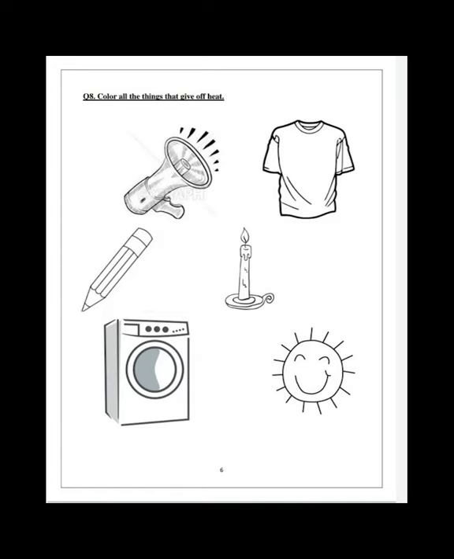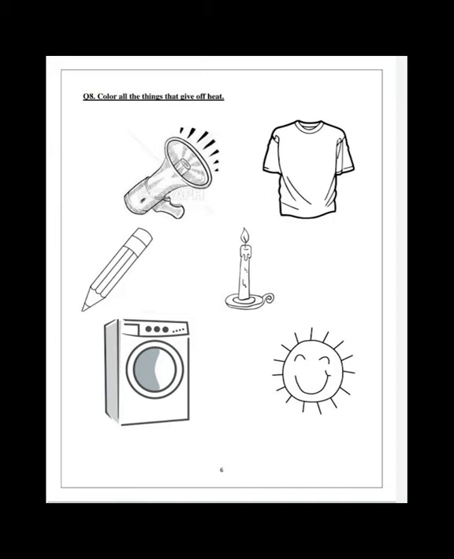A candle. If you put a hand on top of a burning candle, do you feel heat? Yes, of course we feel heat. So a candle gives off heat. Next is a dryer. When we put wet clothes in the dryer, it gives heat to them and dries the wet clothes.